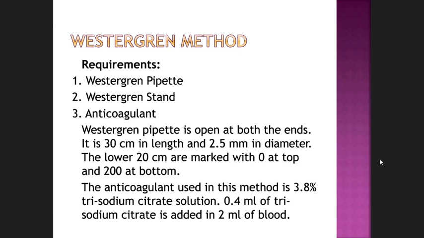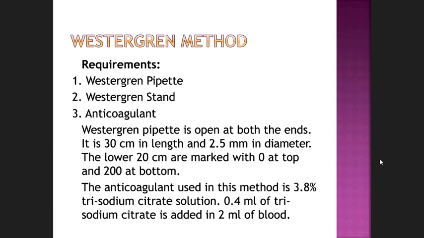That is a 1:4 ratio. You explain to them that 1 part is anticoagulant, 4 parts is blood. In a 1:4 ratio we should take blood in the Westergren tube.